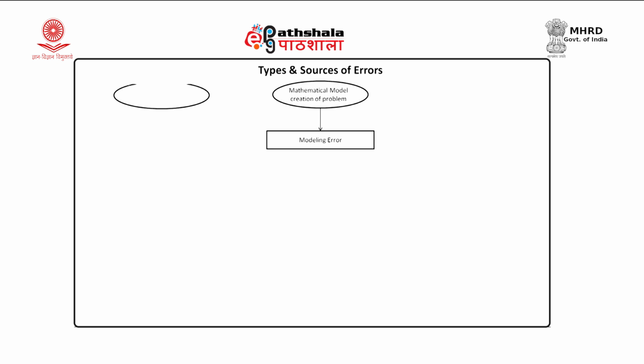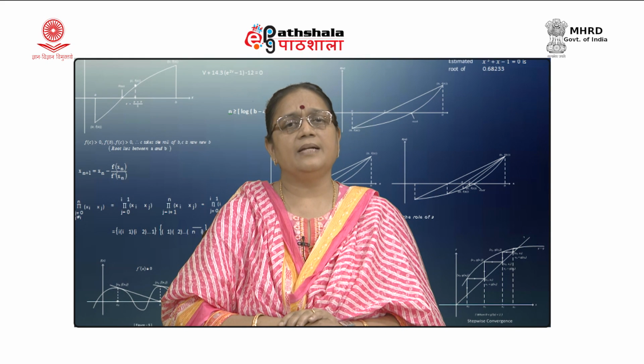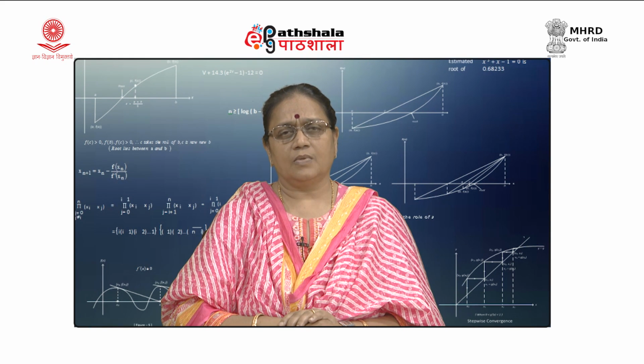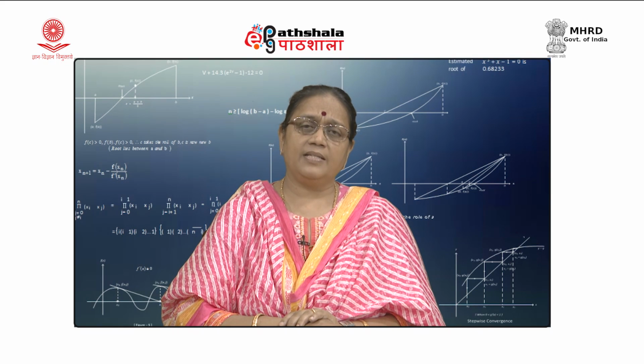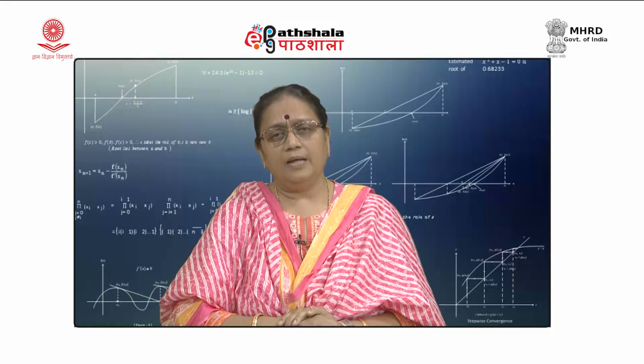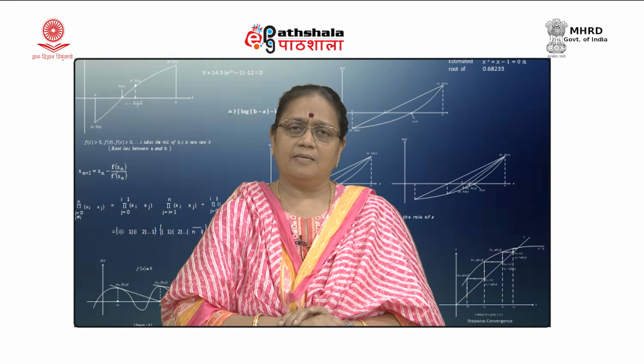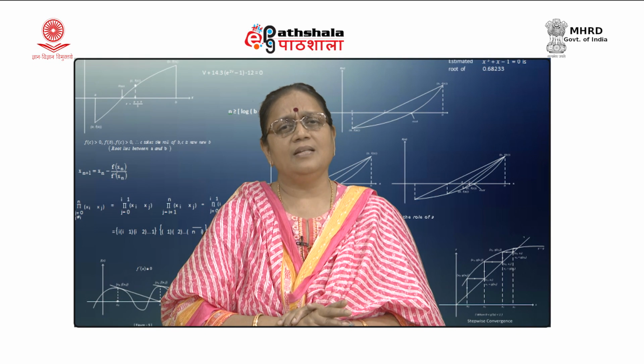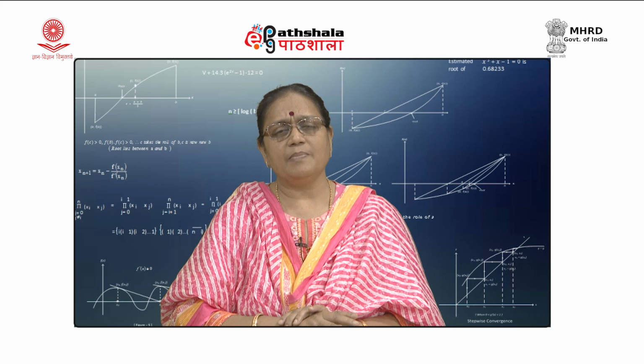The next type of error: once the mathematical model is built, the readings are to be taken, parameters are to be estimated, and for that different measuring equipment, machines or devices are used and the data is taken. There are limitations of these measuring devices. For example, if I am measuring the diameter of a wire by an inch tape, its least count is only 1 millimeter, it can't measure less than that.